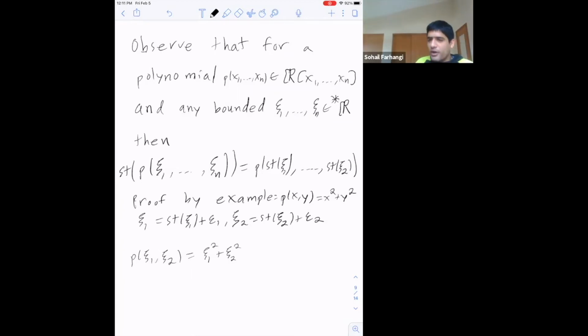So if we break up each non-standard number into its standard part and some infinitesimal, then this is just going to be, oh yes, and I did assume bounded.